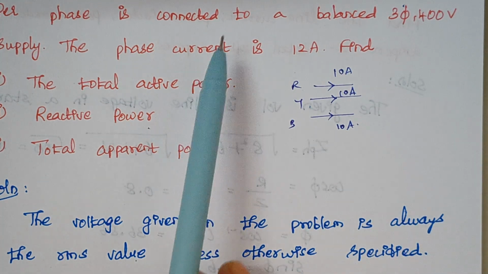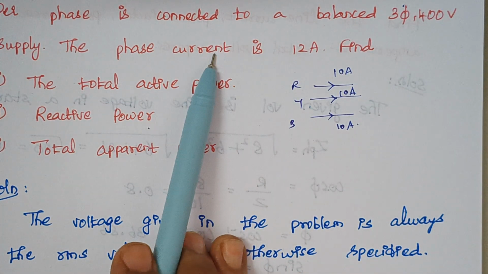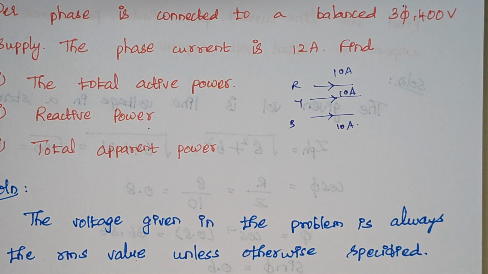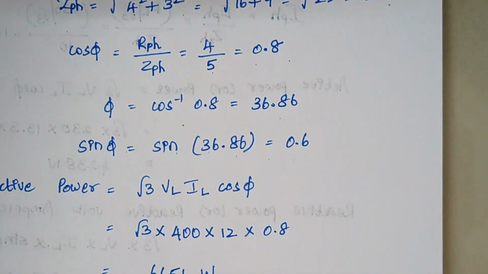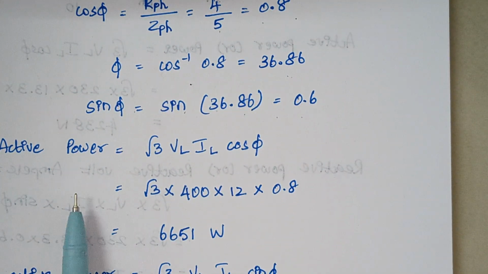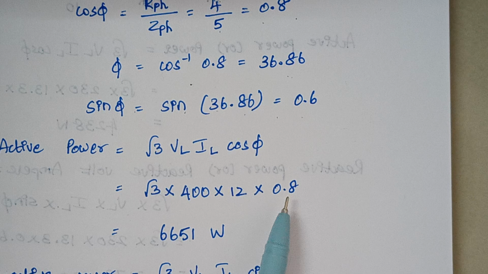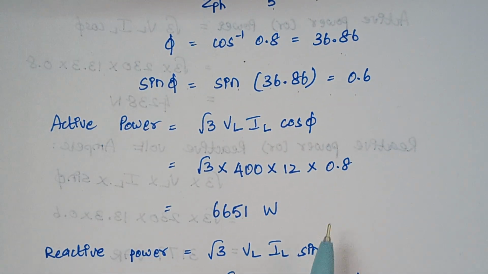What is the relationship between phase current and line current in a star network? They are the same: line current is equal to phase current. So just substitute the values, with cos phi equal to 0.8, and the value of active power is 6651 watts.